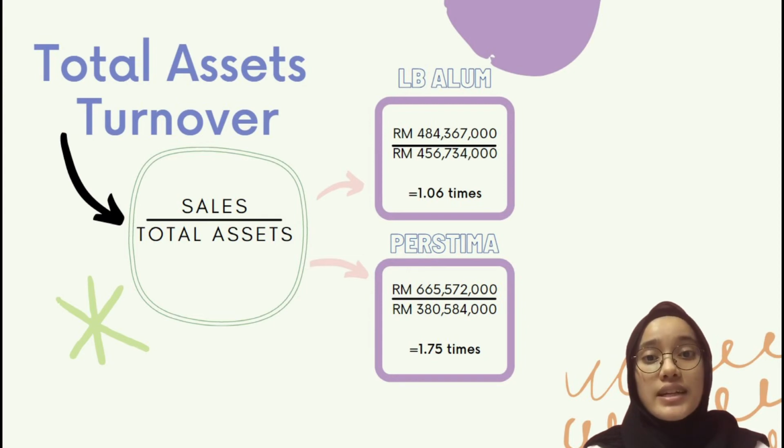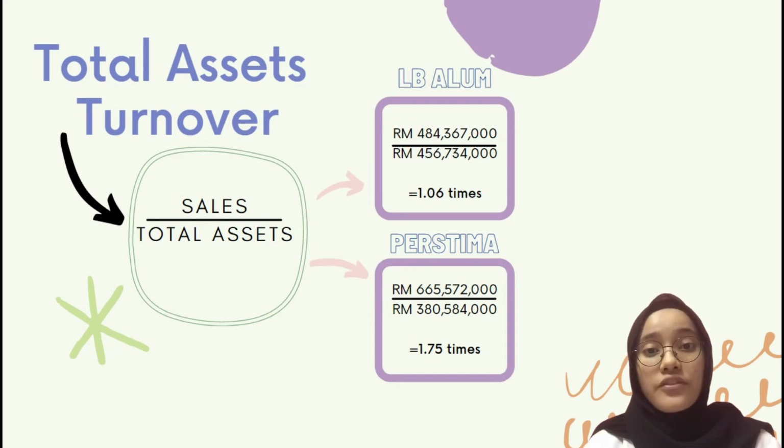In order to calculate this ratio, we need two figures, which are sales and also total assets. Sales figure of LB Aluminium Berhad is 484,367,000 ringgit. And for the total assets, the amount is 456,734,000 ringgit.